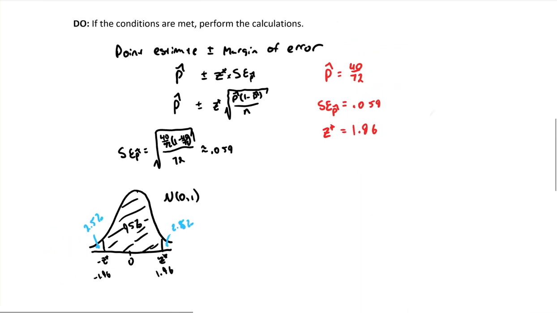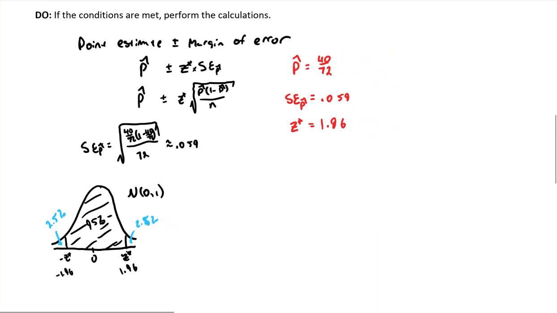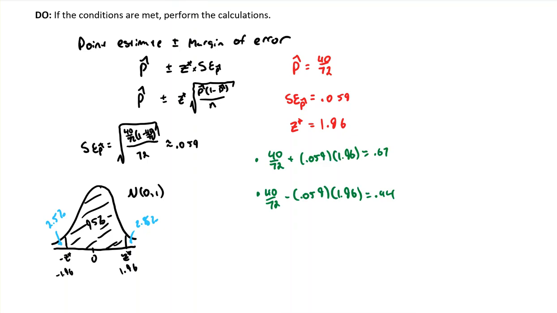So now we have all the information we need to calculate our point estimate plus or minus the margin of error. When I take my point estimate of 40 over 72 and add the margin of error, which is my critical value times the standard error, I get 0.67.